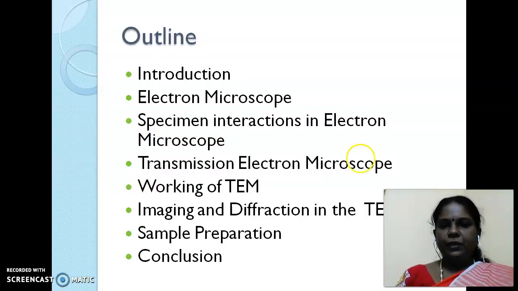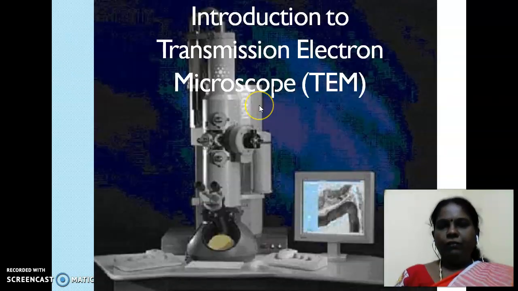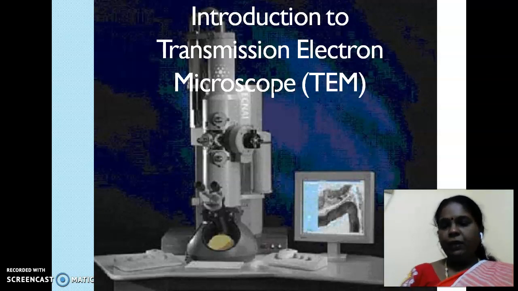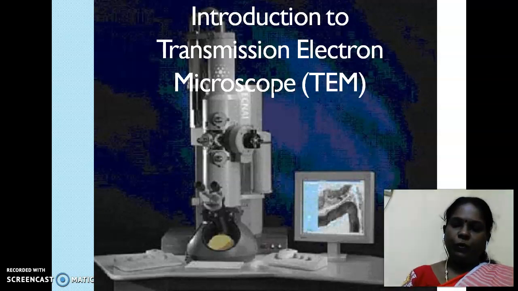Let me first tell you about the introduction of electron microscope. To explore the micro world, many inventions have been devised. One of them is the optical microscope. The human eye can distinguish objects of the order of 0.2 millimeter.